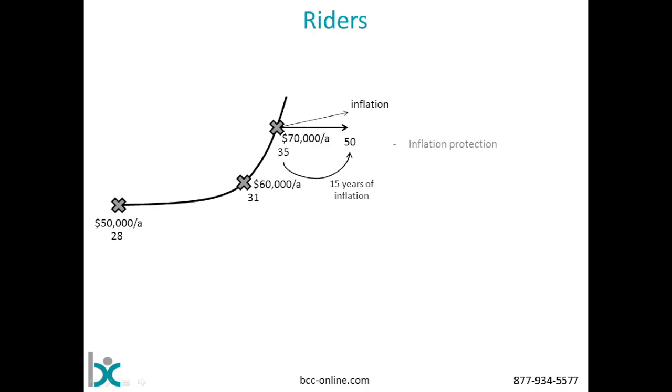So that now we have a benefit that will stay with you, or that will continue to grow with inflation. It'll stay with you at its inflated amount, allowing you to continue to live comfortably without having to fight the effects of inflation. And of course, it would go beyond age 50. It would carry on right up until the natural benefit period of the policy, whatever that happens to be.